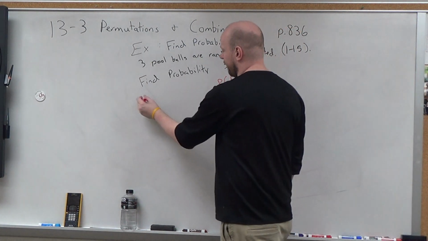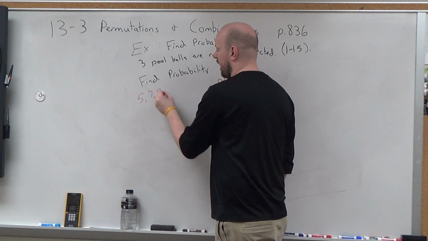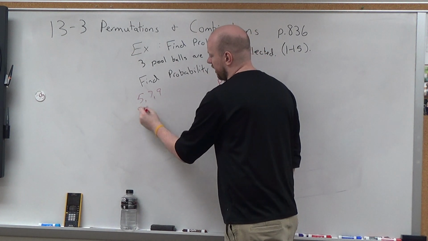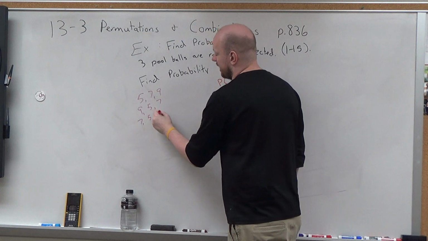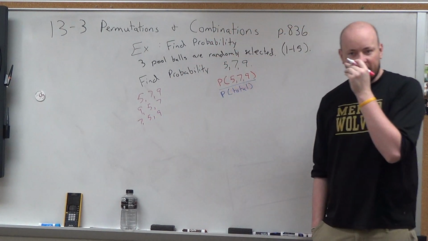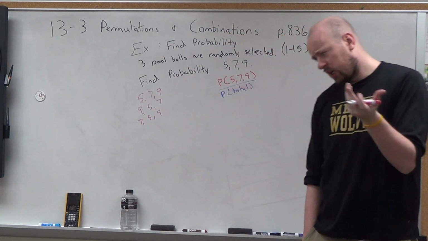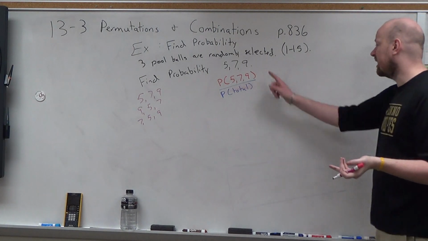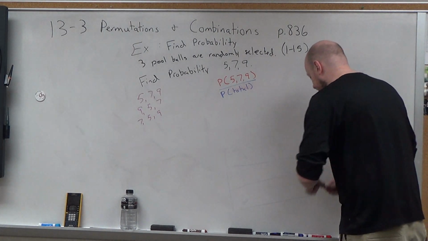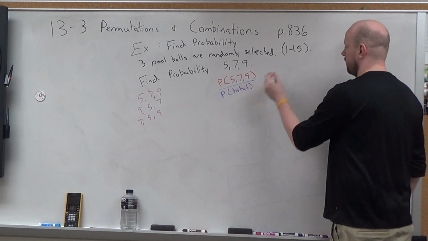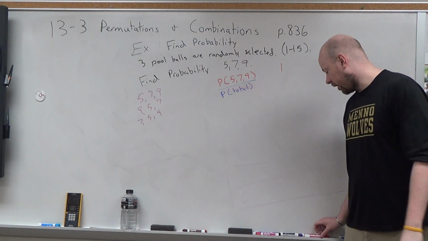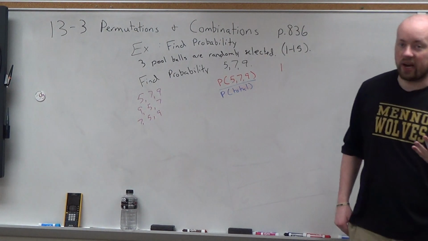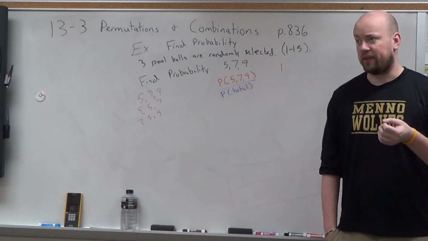Well, in this case, if I select 5, 7, and 9, or 9, 5, 7, or 7, 5, 9, etc., does it really change what I have? No. So the probability that I select 5, 7, and 9, well that one's pretty easy. The number of favorable outcomes is 1. There's only one particular scenario where I select 3 pool balls and I get 5, 7, and 9.